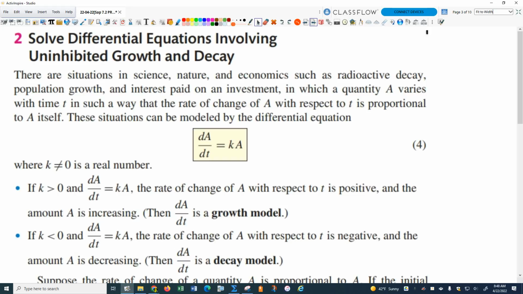And so for decay, the value of K would be negative, if the population is decreasing. Doesn't that make sense? Because the sign of K determines the sign of the derivative. Positive derivative means growth, and negative derivative means the amount of the substance is decreasing, so that would be what we'd call decay.